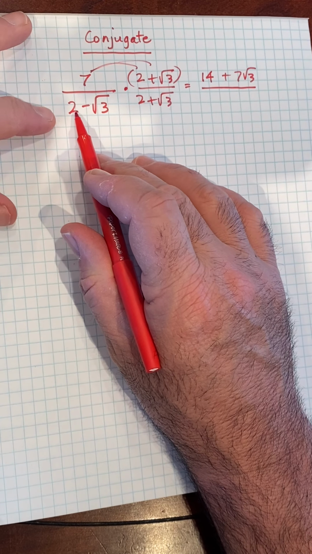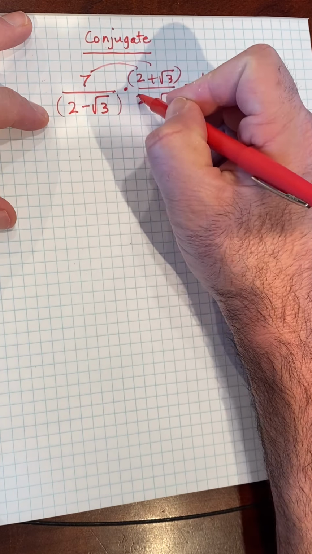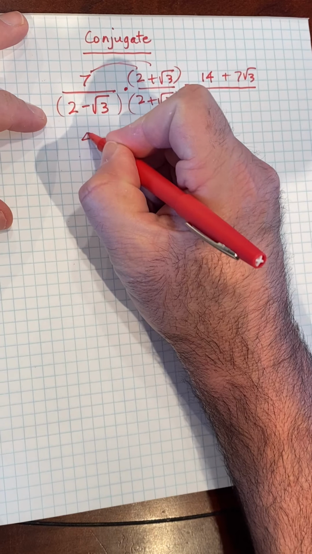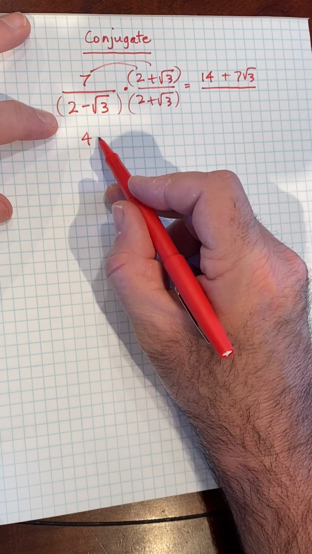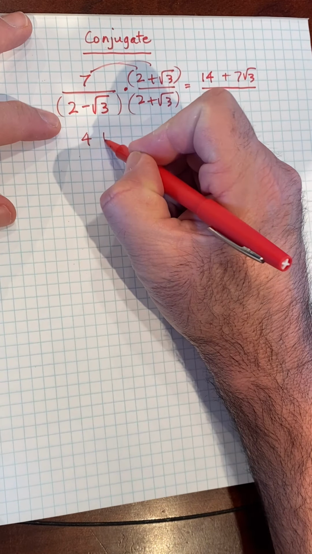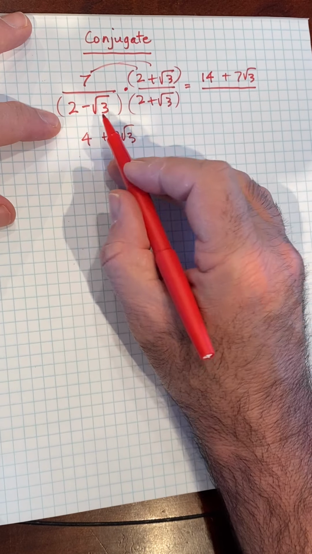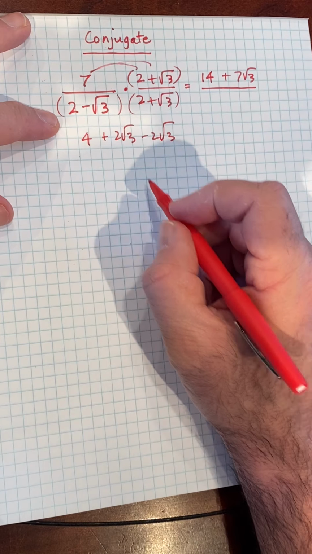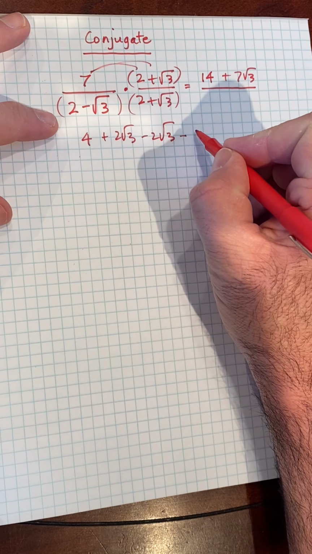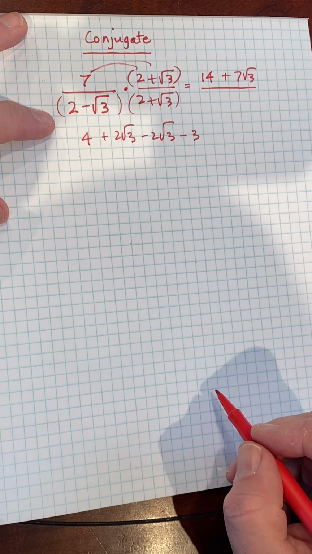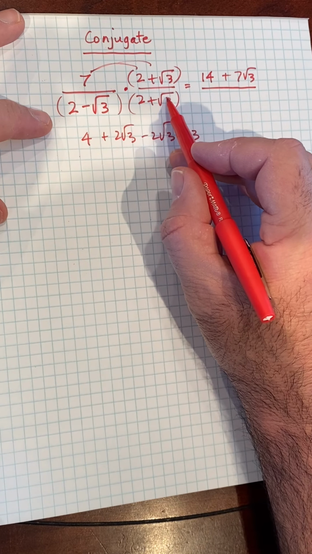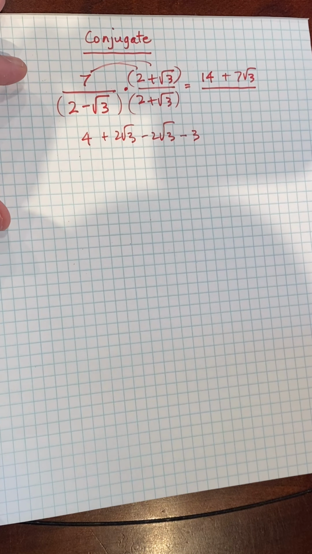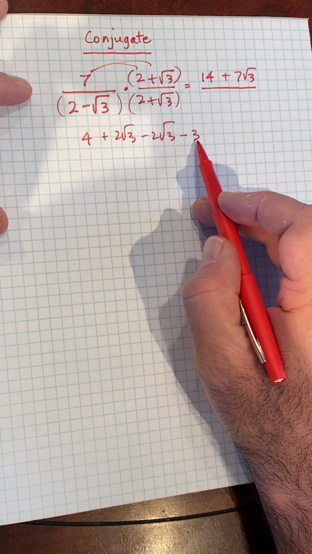And the denominator becomes, I have to do FOIL. So first times first is 4, 2 times 2. Outside times outside, that's positive 2 root 3. Inside, that's negative 2 root 3. And then last, that's negative 3. Because negative root 3 times positive root 3 is negative root 9, which is negative 3.